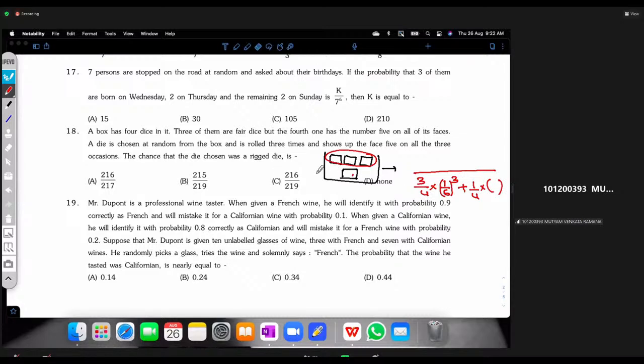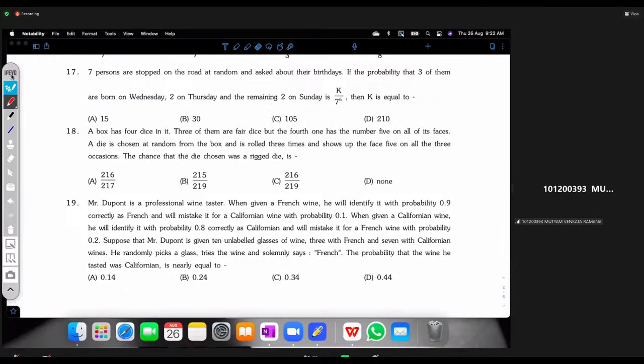So this is the probability of getting 5. Out of this one, the favorable case is this one, 1 by 4. Otherwise, just leave this one. We'll come back to this after teaching the conditional probability.